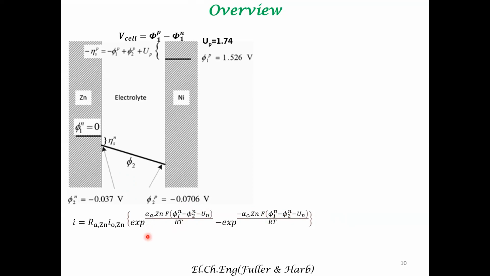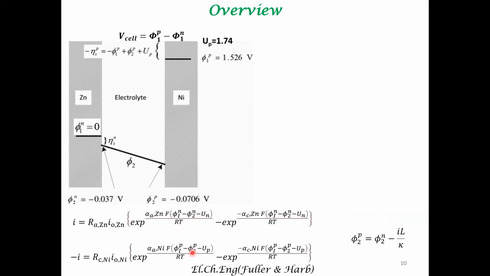You have one unknown, one equation, you can get to the solution. And for getting the potential drop, you have Ohm's law. And there's this third equation, the Butler-Volmer equation solved at this electrode, which gives you the value of this quantity. Once you get this quantity, we can get the potential of the cell.